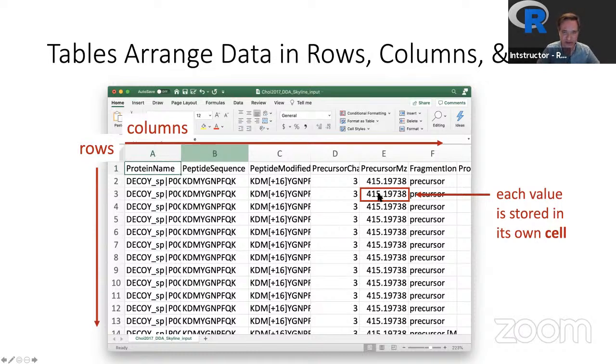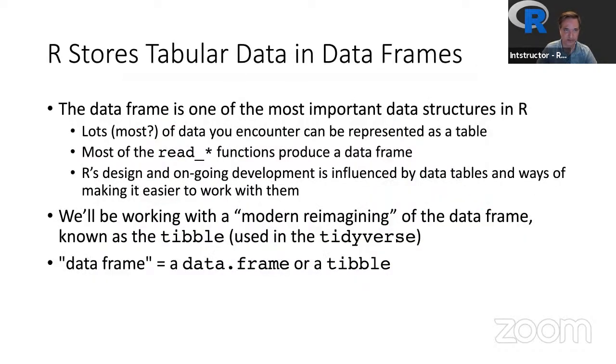Nothing too complex here, but the idea of rows, columns, and cells is going to be important when we talk about manipulating and working with this data in R. Like I mentioned, data frame is the specific term that R uses to store tabular data. So if you want to learn about tabular data in R, you'd want to search Google for the term data frame. That's what R uses to refer to it.